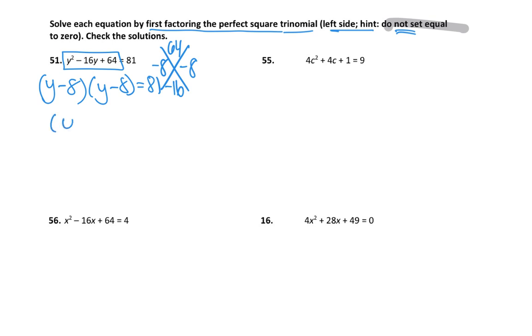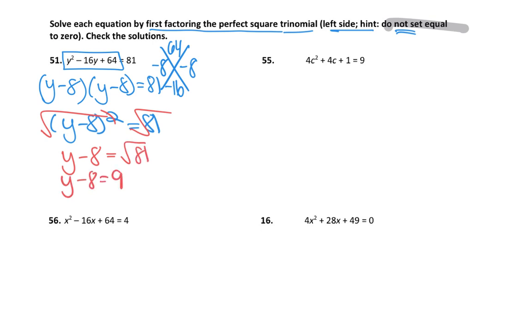So I could have just written that as y minus 8 squared equals 81. Well, now how would I undo that y minus 8 squared? Just like on the other side, take the square root of each side, and you get y minus 8 equals the square root of 81. So y minus 8 equals 9, or y minus 8 equals negative 9. And then we solve each of these for y.